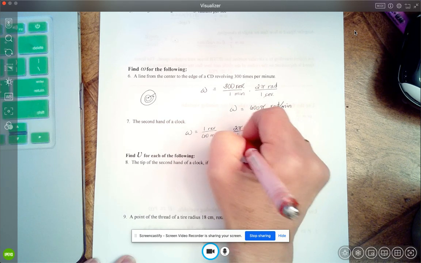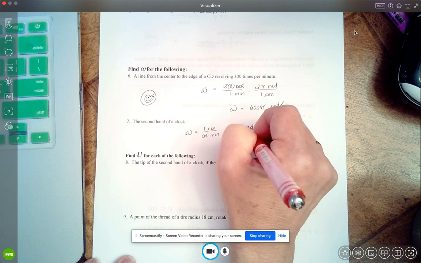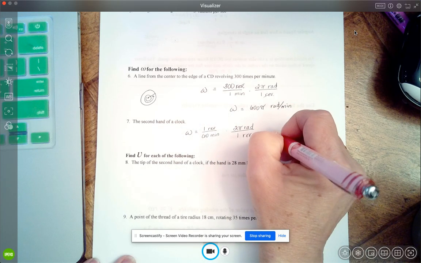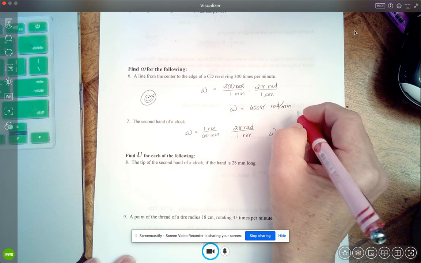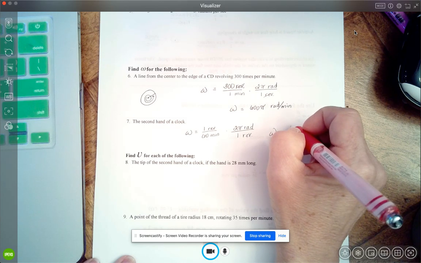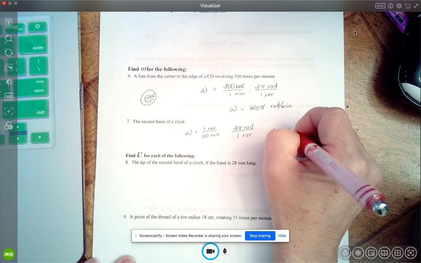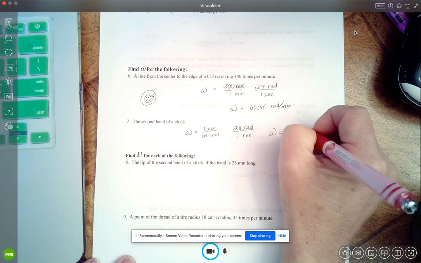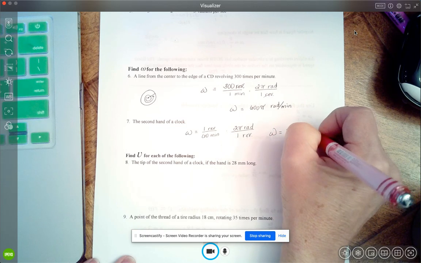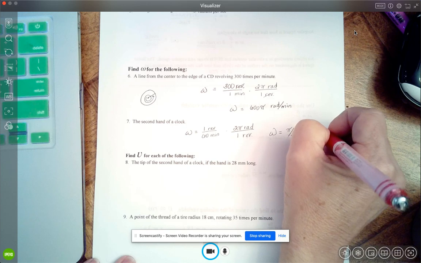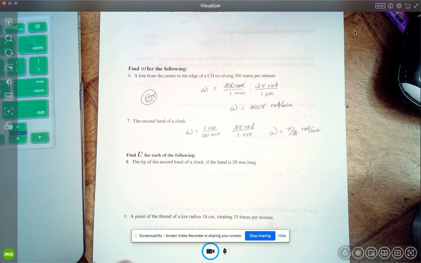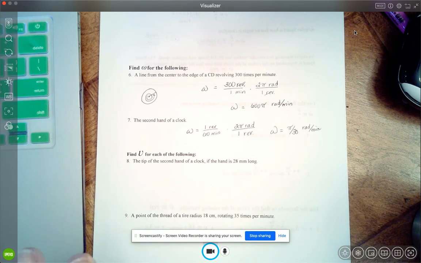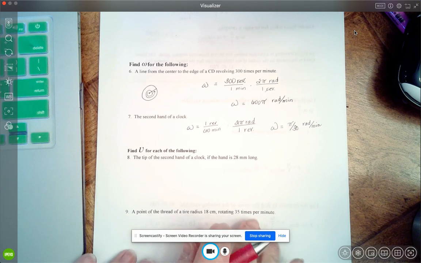So my angular speed then is pi over 30 radians per minute. Please come to me if you have any questions.